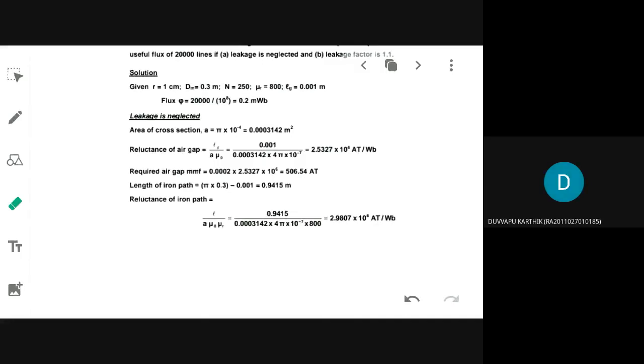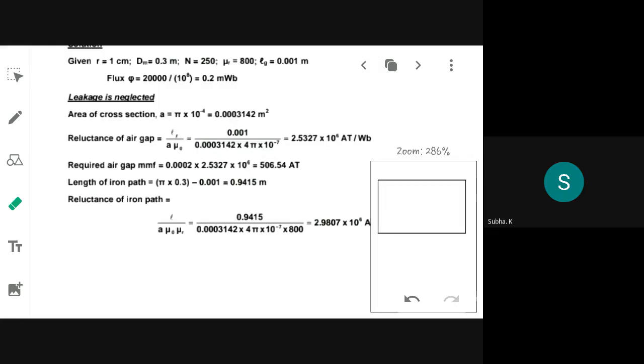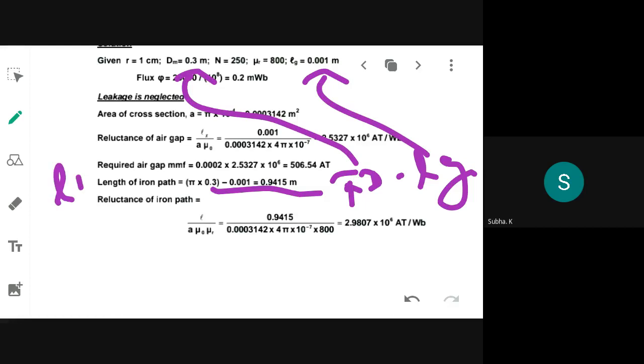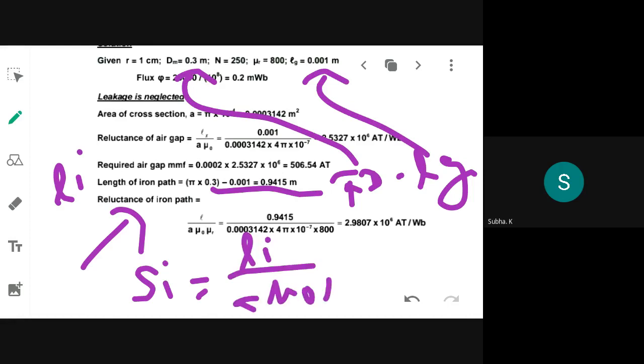Yes, ma'am. Then reluctance of the iron path. As I told you, this is the pi d minus L_g formula. L_g is this one and d is this one. So you are finding out L_i. Then you will be finding out S of the iron path, so L_i divided by A mu naught mu r. That answer should be 2.9807 into 10 to the power 6. Then you find out total MMF.